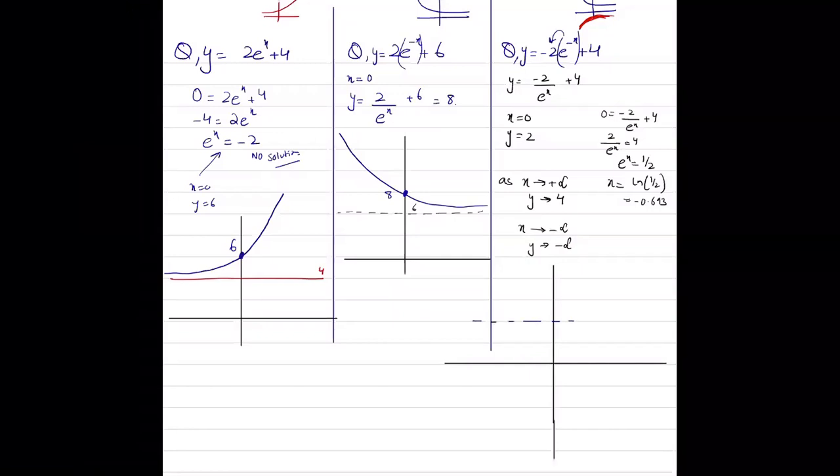This is going to be plus 4, and the x-intercept is minus 0.693. The general trend is such that when you increase the value of x, it approaches 4, and when you decrease the value of x, it approaches negative infinity.